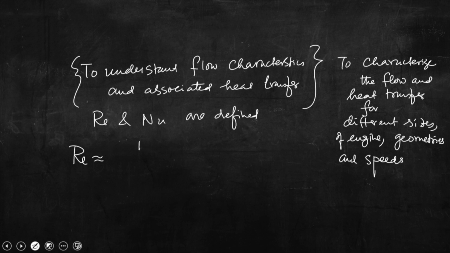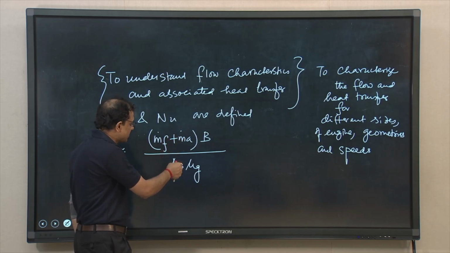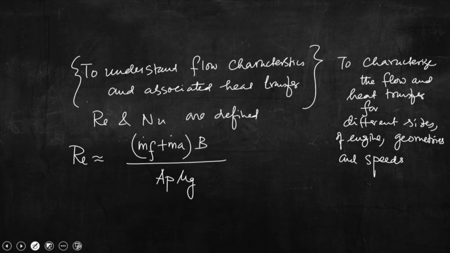So, Re is defined as (m dot F plus m dot A) times bore divided by (A piston times mu g). So, this is mass flow rate of fuel plus mass flow rate of air, that is the mass flow rate of charge, divided by piston area.